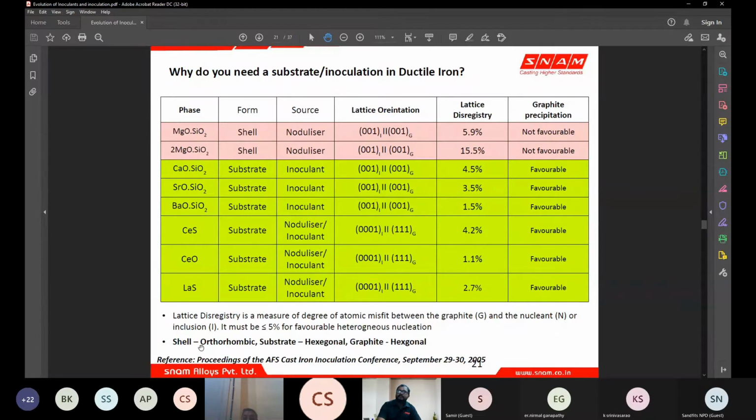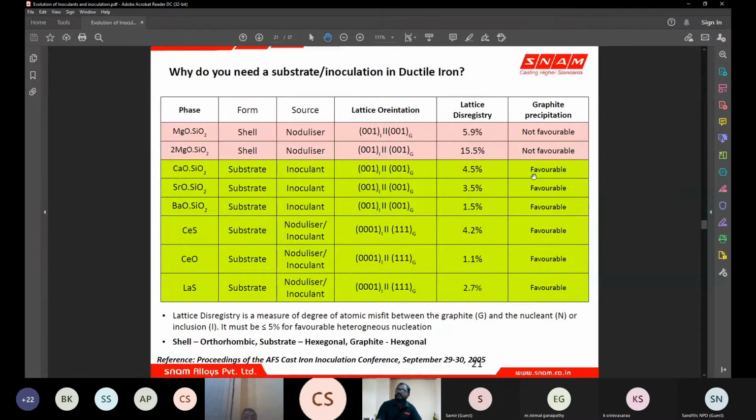When you see the shell which is formed out of the magnesium treatment, it is orthorhombic in nature. This has a lower compatibility with the graphite forming. The lattice disregistry is just a measure of compatibility, to put it in plain terms. If the difference in compatibility is less than 5%, it becomes favorable for the carbon to precipitate.